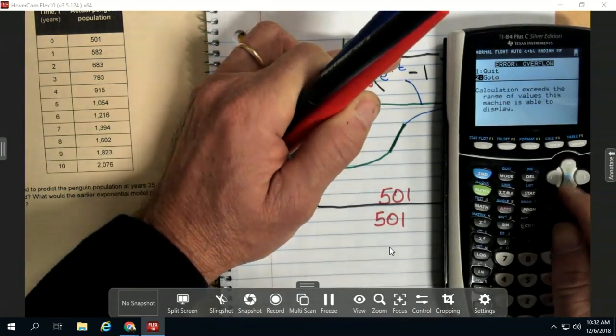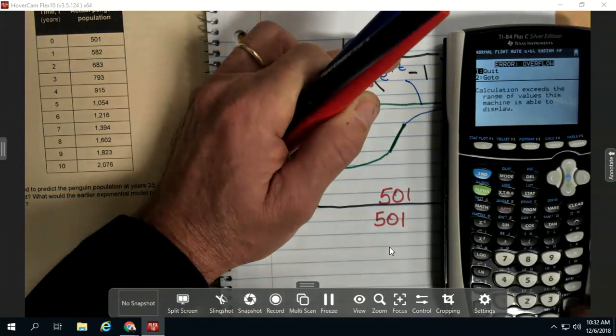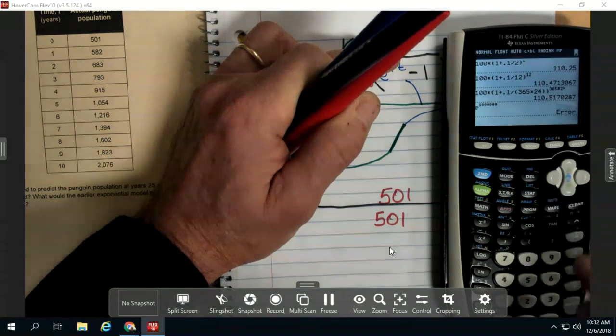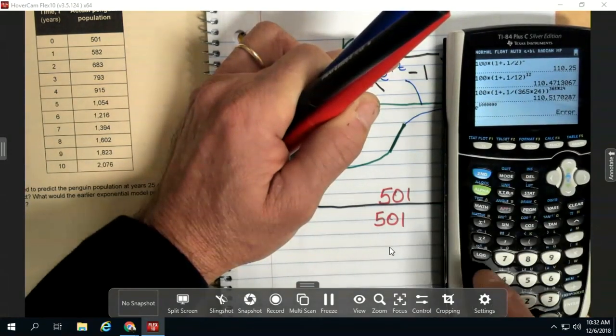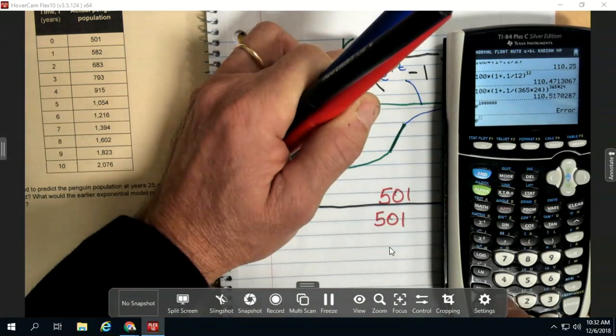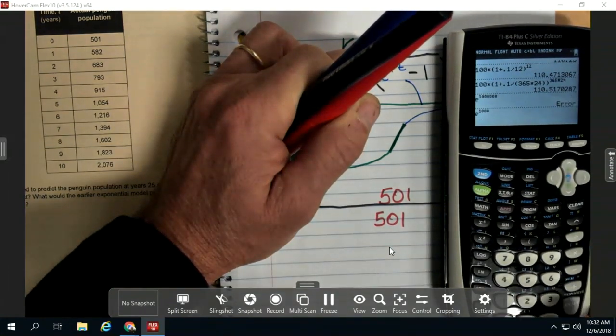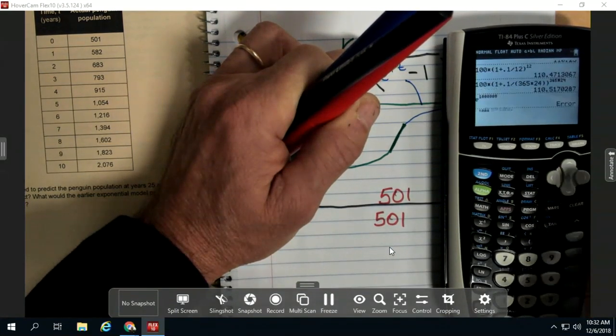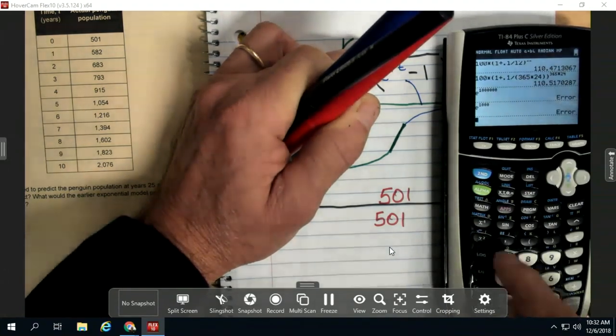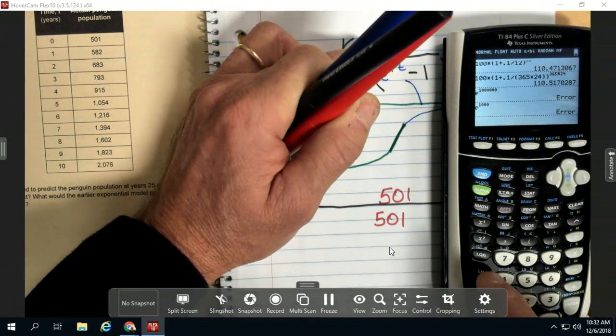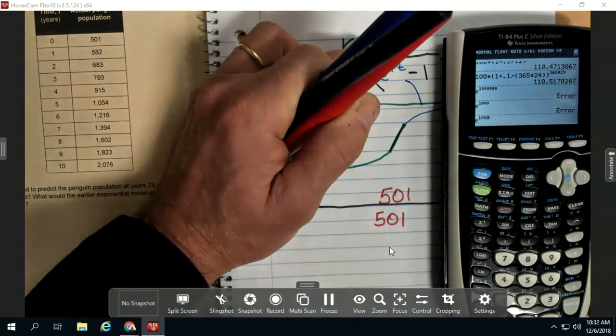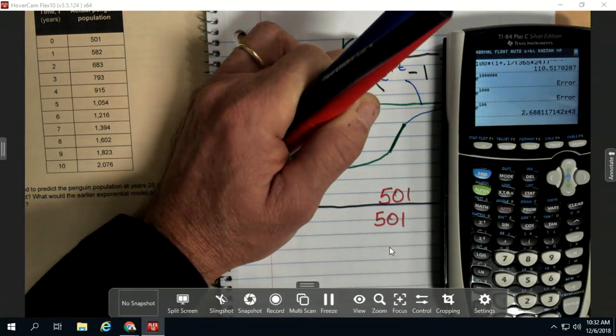Oops, it won't let us go to the million. Quit. What will it let us go to? E to the 1,000? Will it let us do that? Nope. Will it let us do e to the 100? There we go.